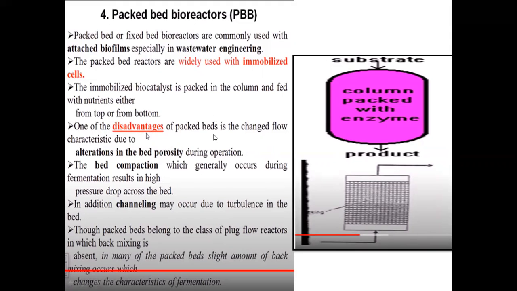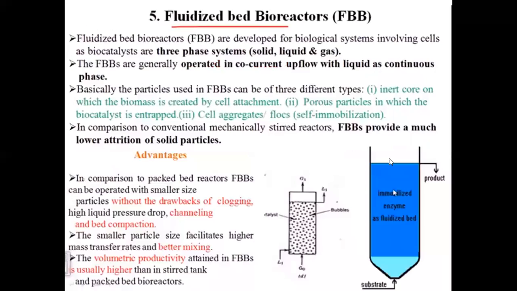There may be some disadvantages of packed bed reactors, which include alterations in the bed porosity, bed compaction, and channeling. So basically, the column and the reactor beds can be packed with enzymes, and the substrate can be added from the top of the reactor. As the substrate moves down the reactor bed, in which the enzymes are immobilized, it is converted into the products.